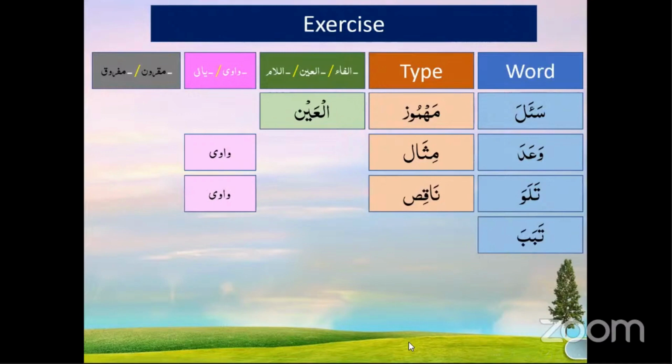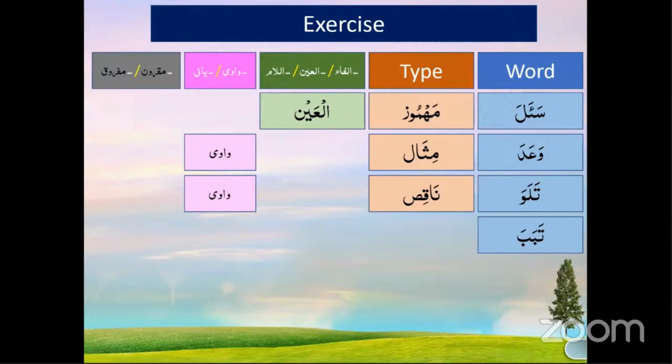Who else is there? Brother Afzal? Tababa. It's a repeat letter. Very good. So two letters ba are repeated. What is the name? And it is motal. No, muda'af.